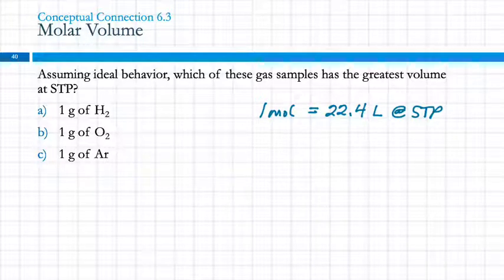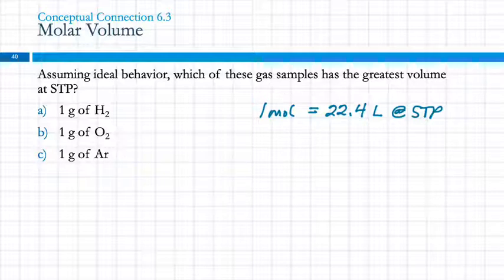So can we just say, oh, well, grams and moles, they're all the same? Because 1 gram of hydrogen is like half a mole, right? 1 gram of oxygen is 1/32 of a mole. And 1 gram of argon is 1/40 of a mole.